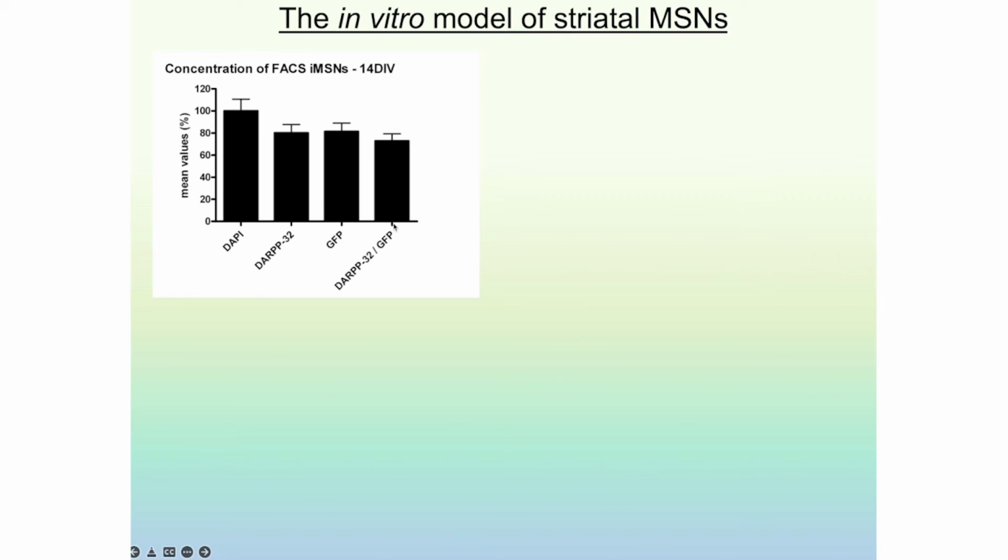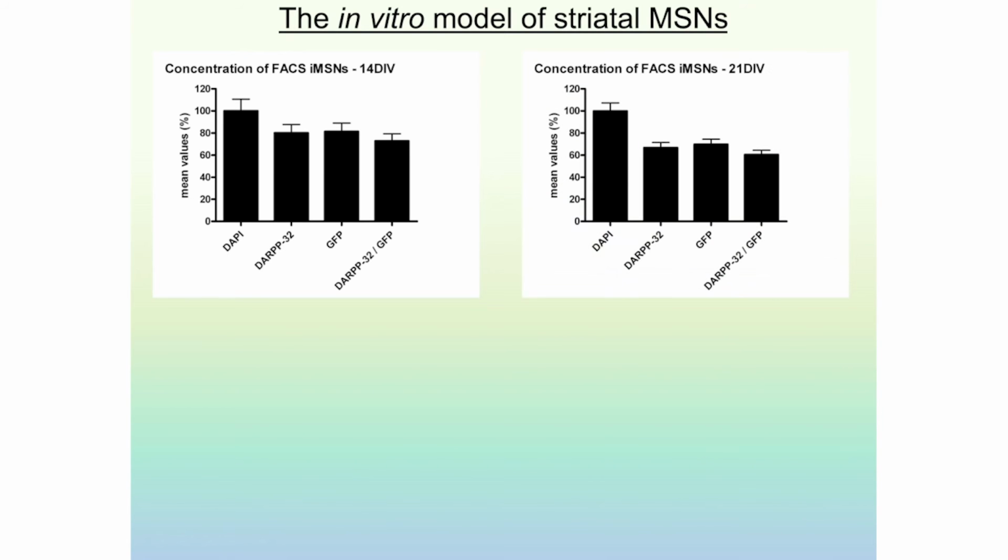So meaning that at 14 days in vitro, purification of indirect pathway medium spiny neurons ends up with a concentration of approximately 75% of indirect pathway medium spiny neurons in those cultures. And still after 21 days, we ended up with approximately 60% indirect pathway medium spiny neurons in those cultures.